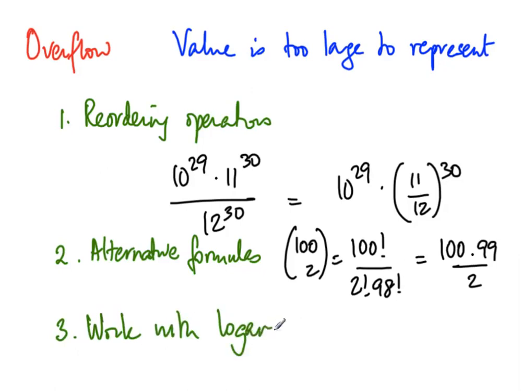So instead of working with the actual numbers, instead of doing x times y, instead you will do log x plus log y, right? So everywhere where you're dealing with very large or very small numbers, if you take logarithms, then all multiplications become additions, and it's much easier to work with these values without getting overflows.